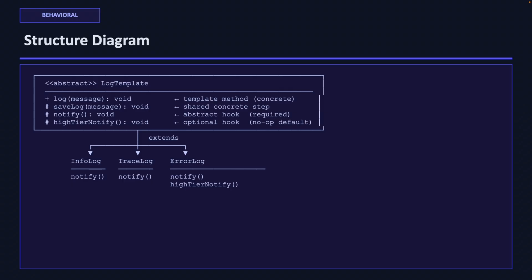Some are concrete implementations shared by all, and some are optional hooks with no default that subclasses may override if they need to. Subclasses extend the base class and override only the steps that they care about. They never override the template method itself.